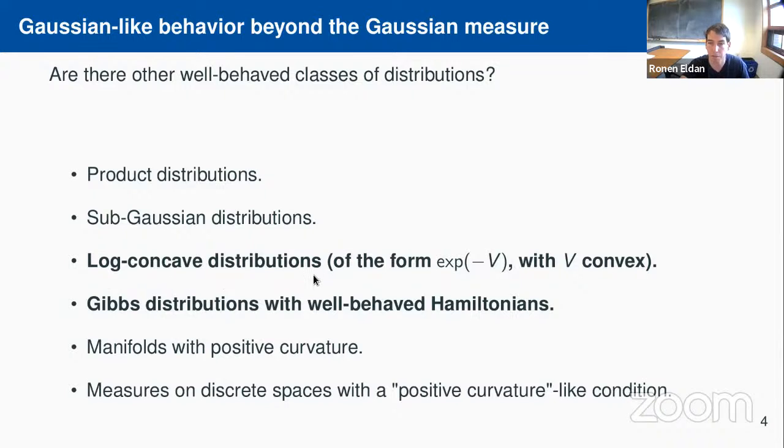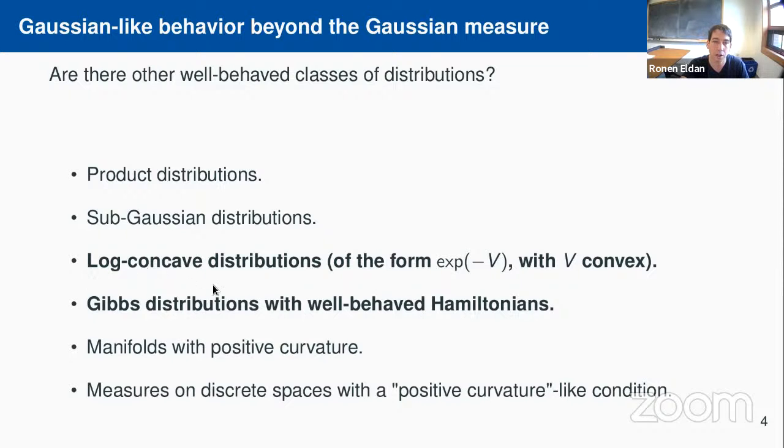This is just a generalization of the Gaussian measure: measures on Rn whose density is of the form e to the minus some convex function. So the Gaussian measure is a special case, but for example, also the uniform measure on a compact convex set is another special case. And the other family we'll consider is Gibbs distributions, which have well-behaved Hamiltonians.